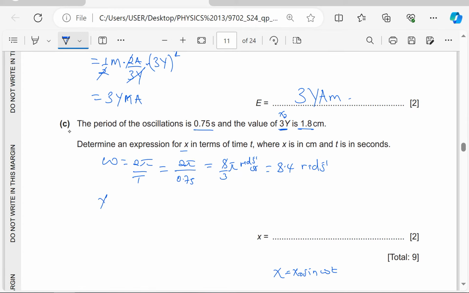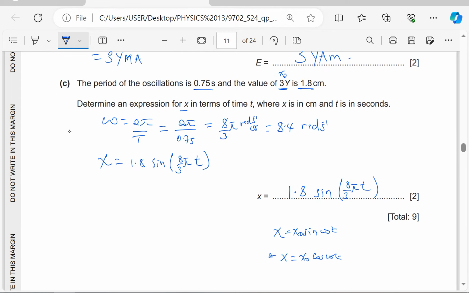So I'll write my equation as x equals x naught, which is 1.8, sine of 8 over 3 pi times t. You can change that to meters. So x equals 1.8 sine of 8 over 3 pi, then times t.